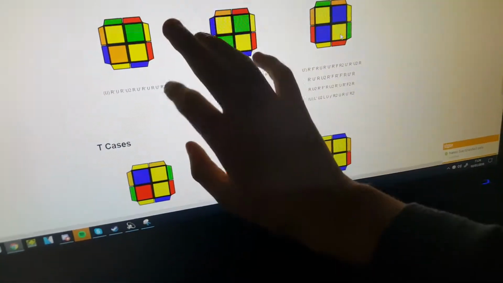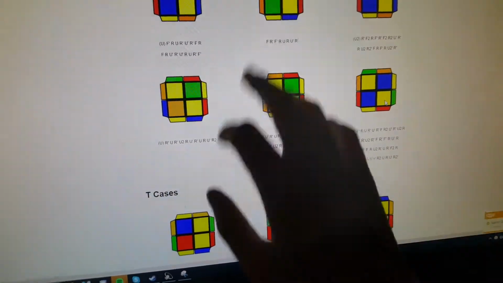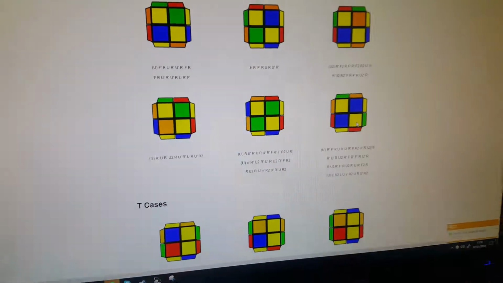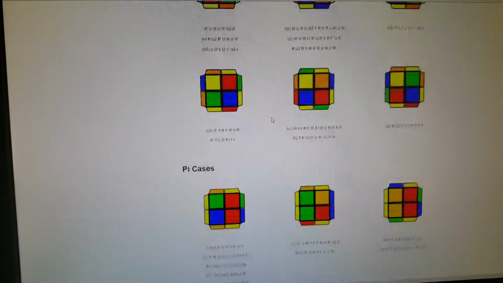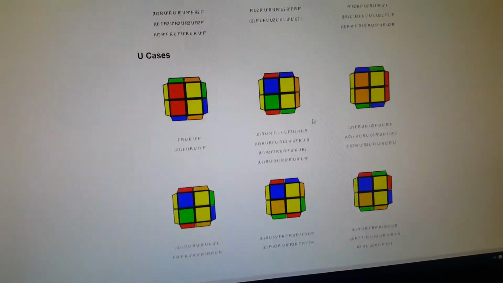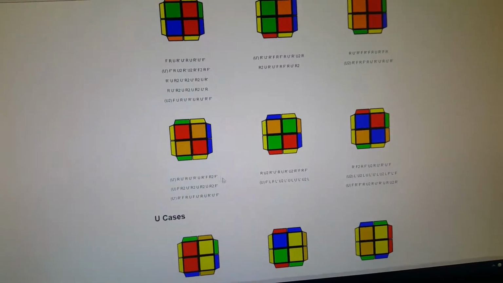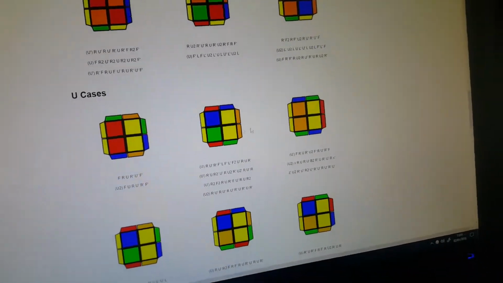These two are 3x3 algorithms, and that's the standard algorithm, and that's just the inverse of another thing, so they're very easy. And then, the thing about the pi and U cases, they're just really easy to recognise, especially pi. You get stuff like checkerboard or just 2 bars, and then this, it's just really not hard.